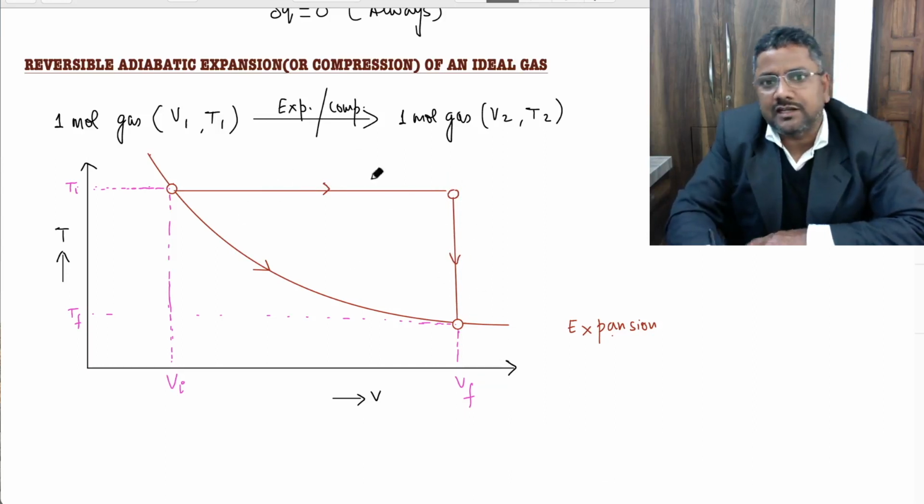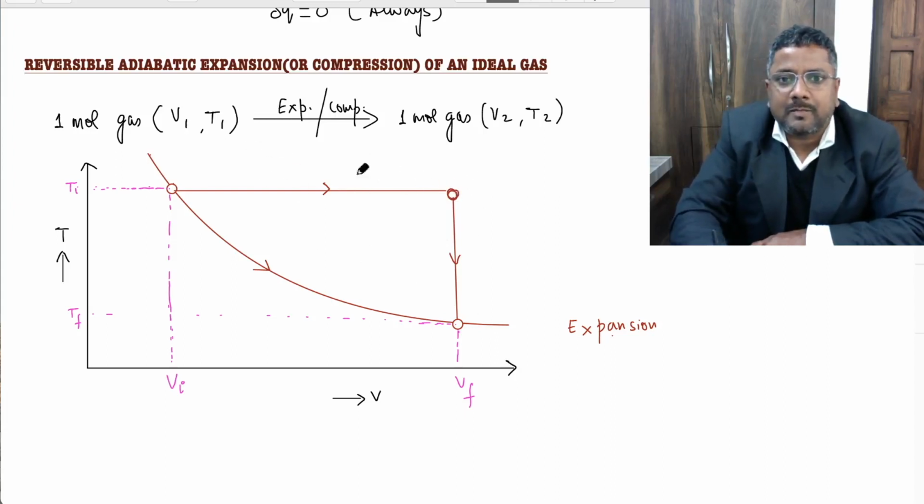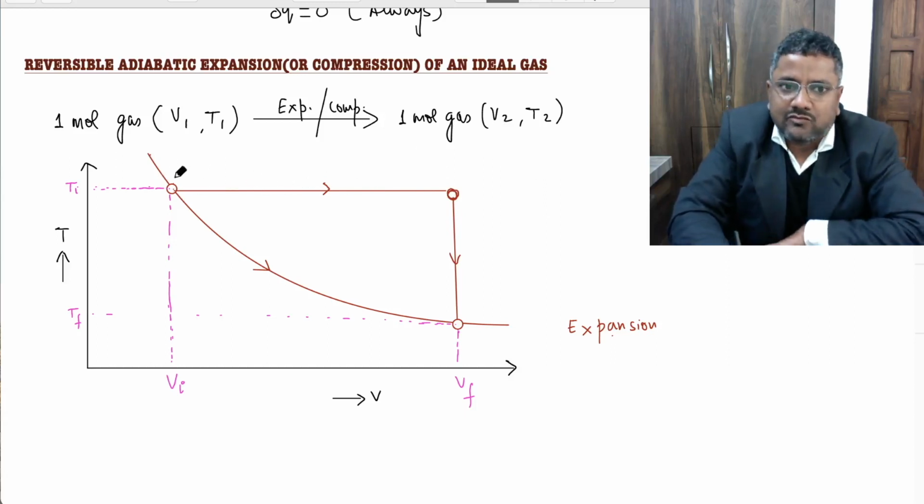So basically from this point to this point, this is some intermediate state. This is step 1. So what is changing here? The volume is changing, and delta Q is 0. So basically here we can say that temperature is constant. Constant means internal energy E is constant.